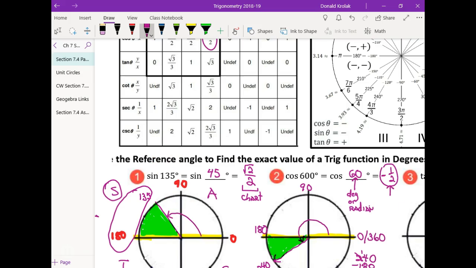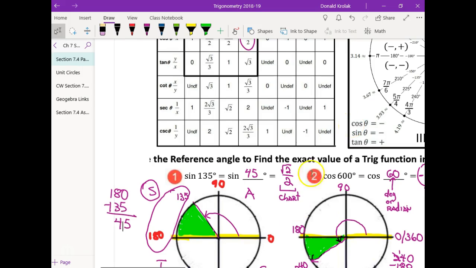All that means is, if I had a unit circle, or any circle, doesn't matter.